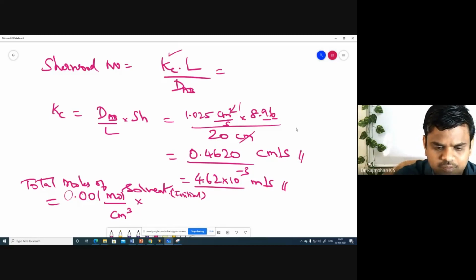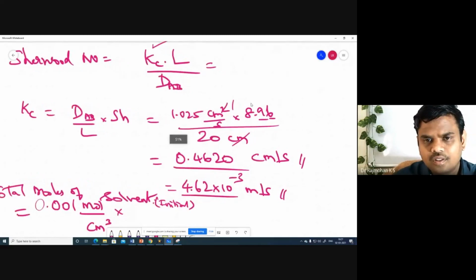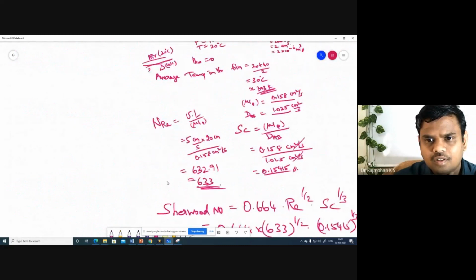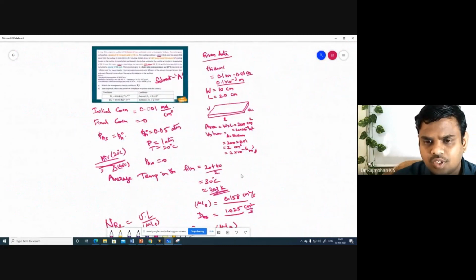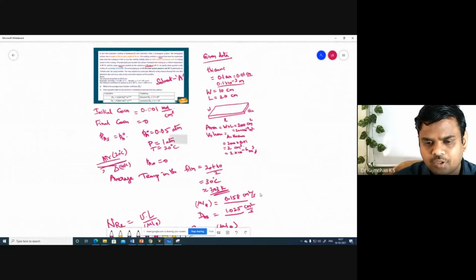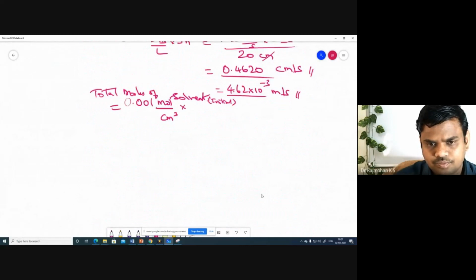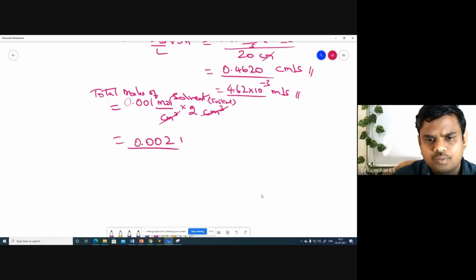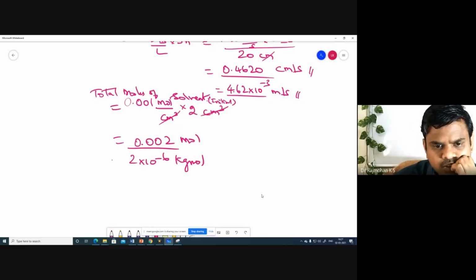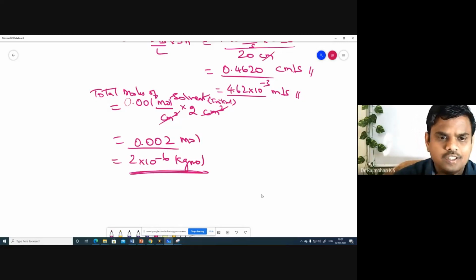Multiplying by volume, 2 into 10 power 2 centimeter cube, we get initial moles equal to 0.002 moles, or you can say 2 into 10 power minus 6 kg moles. So that is the total number of moles.